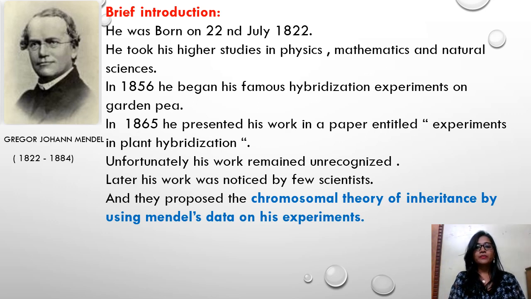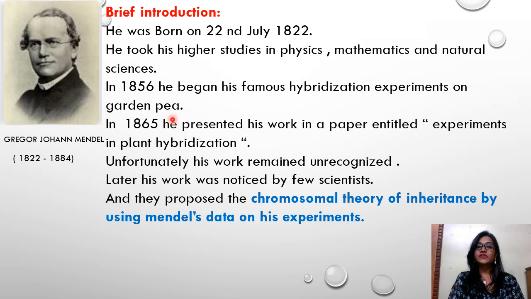So Mendel was a scientist, born on 22nd July 1822, and he took his higher studies in physics, mathematics and natural sciences. In 1856 he began his famous hybridization experiments on the garden pea plant.